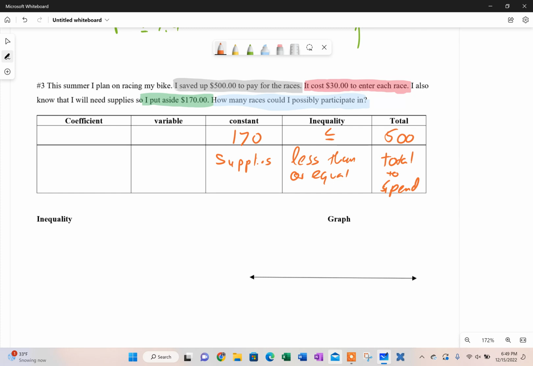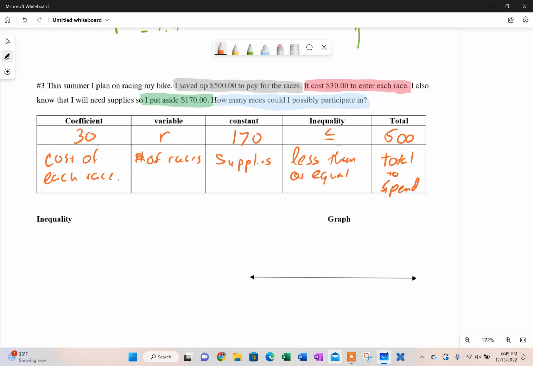Now, what am I doing? I'm entering races. How many races am I entering? I don't know. So R equals the number of races. 30 is the cost of each race.